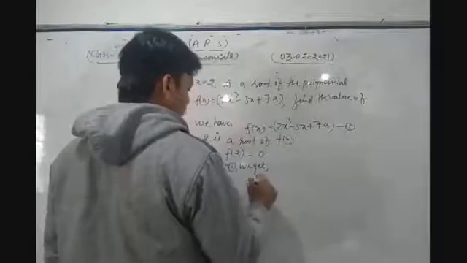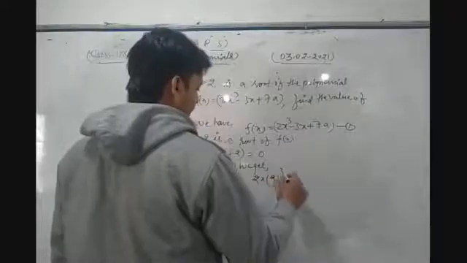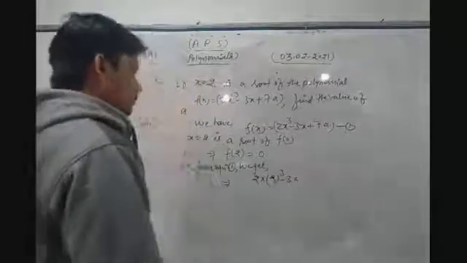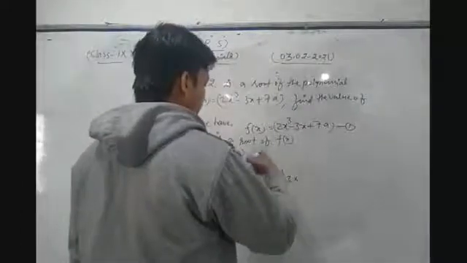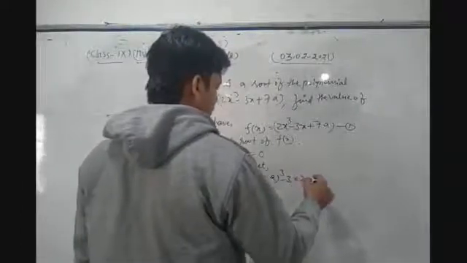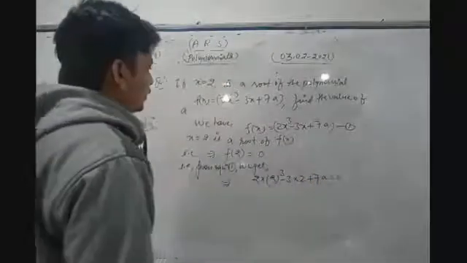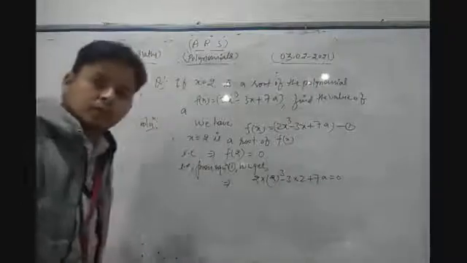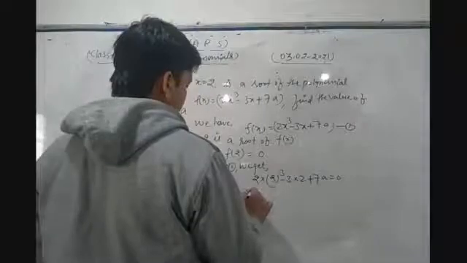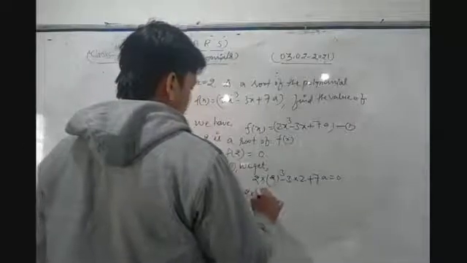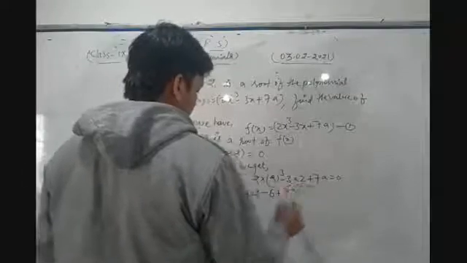So we get 2 into 2 cube minus 3 into 2 plus 7a is equal to 0. Now simplifying them, this is 2 into 8 minus 3 into 2, plus 7a is equal to 0.